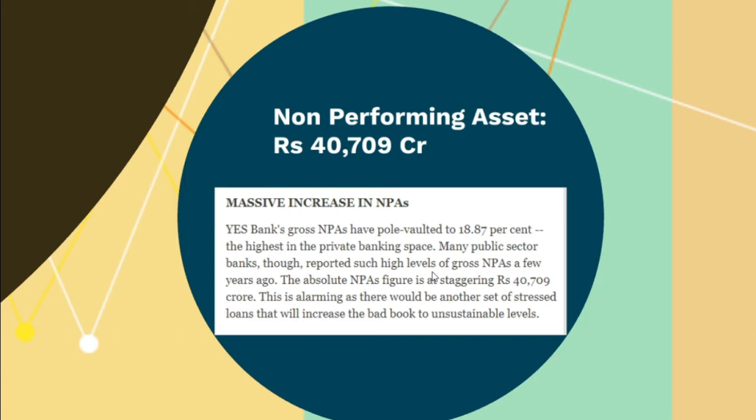What that means is the company has a loss of 40,709 crore, because the company will not be able to generate any kind of profit with this asset. So this is how we should understand, because the fundamental analysis says that we should stay away from Yes Bank.